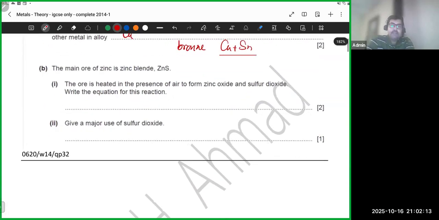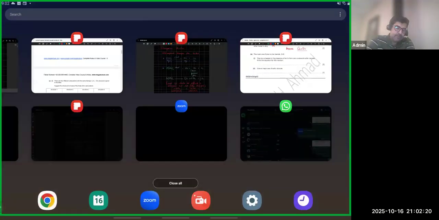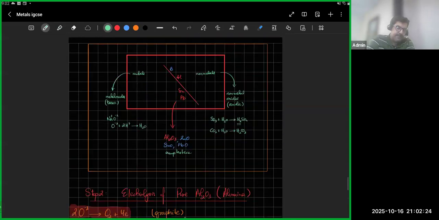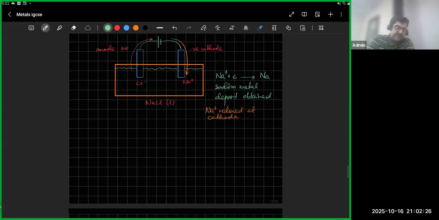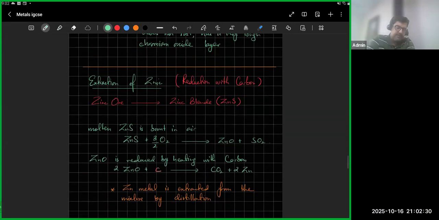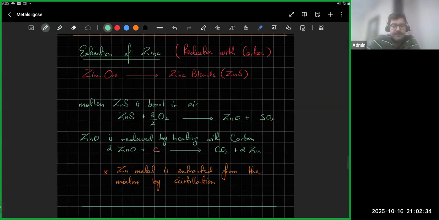This is the question on zinc. Remember, we did the extraction of zinc. If you look at the notes, I've sent you the notes as well. So where is it? Extraction of zinc, right after iron extraction. We did extraction of zinc, which was reduction with carbon.